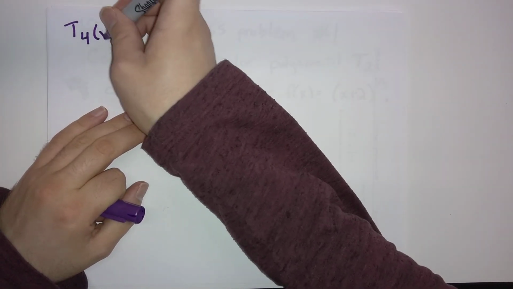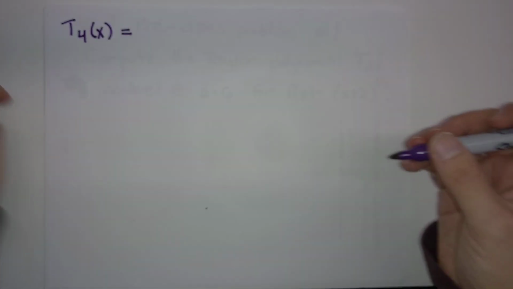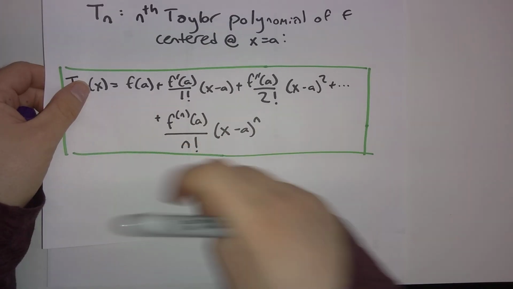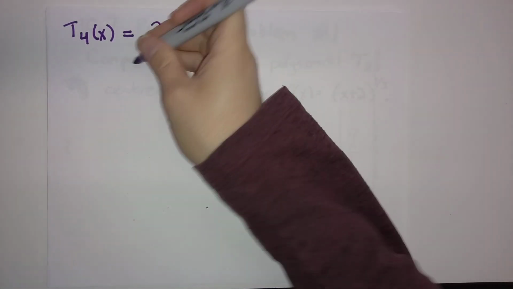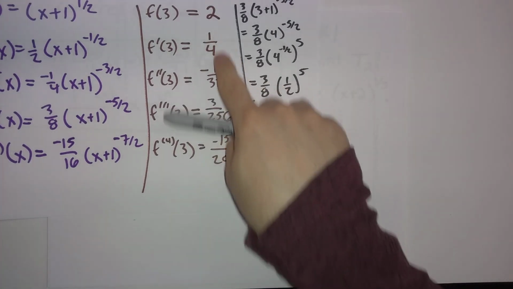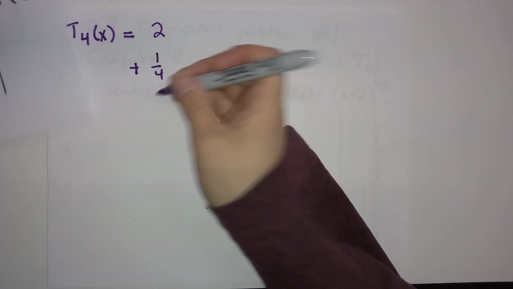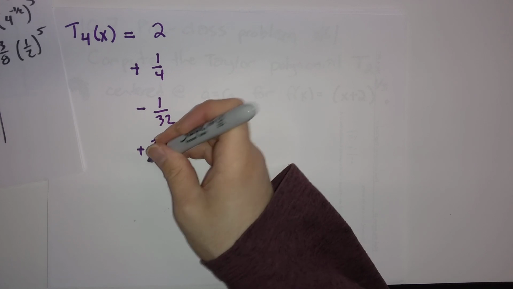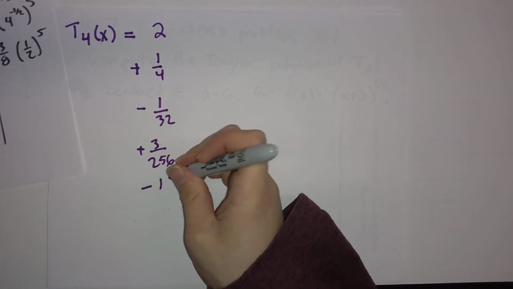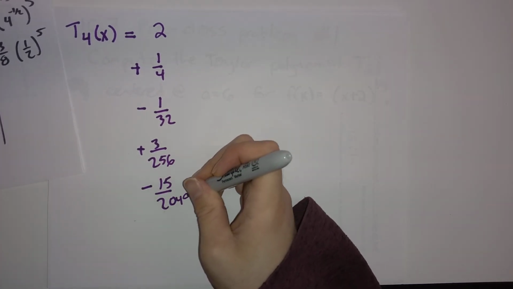T4 of x is going to equal f of a, which is 2, plus, I'm just going to copy down the coefficients: 1/4, minus 1/32, plus 3 over 256, minus 15 over 2048.